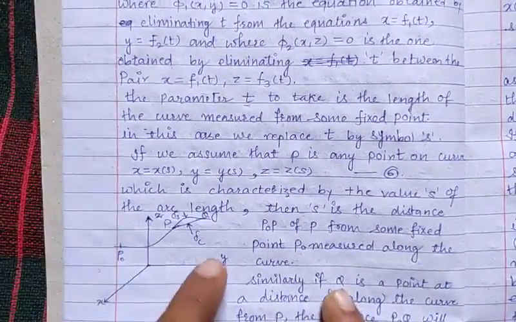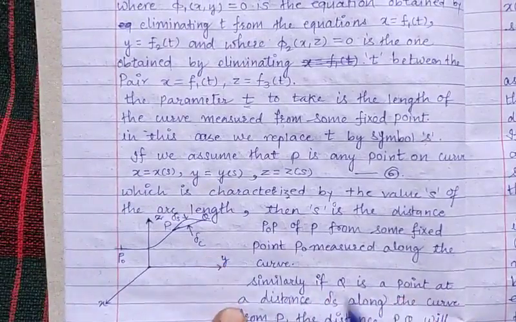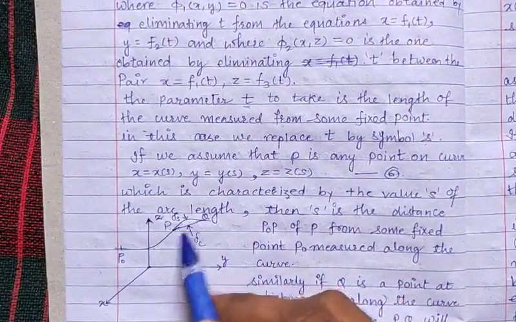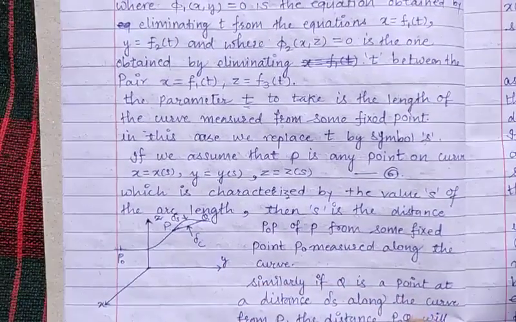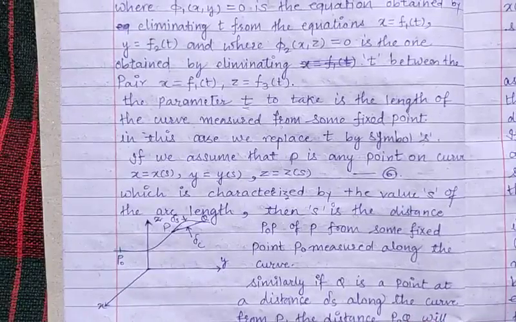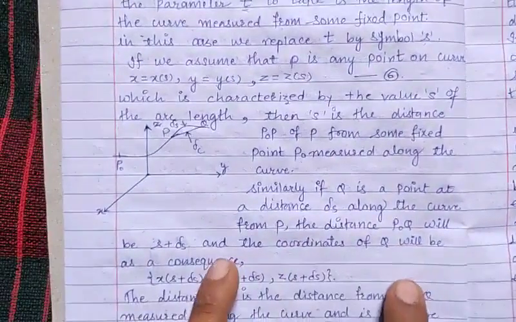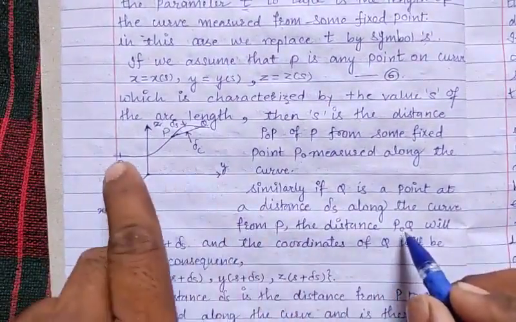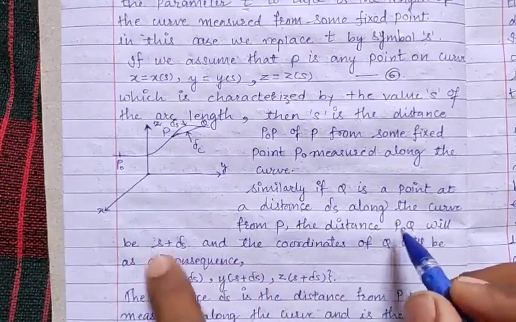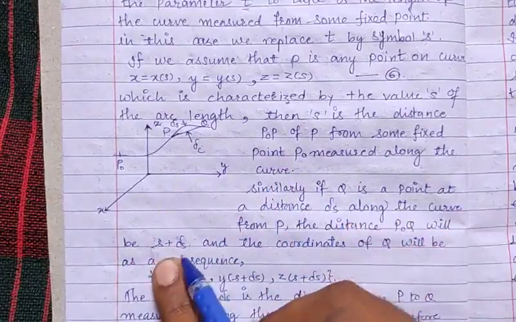Similarly, if q is the point at a distance delta s along the curve from point p, then the distance p naught q can be recorded as s plus delta s.